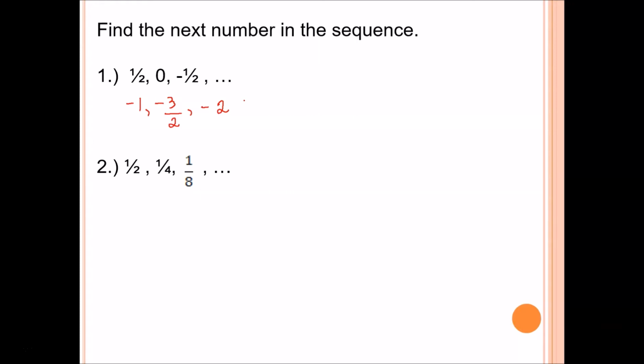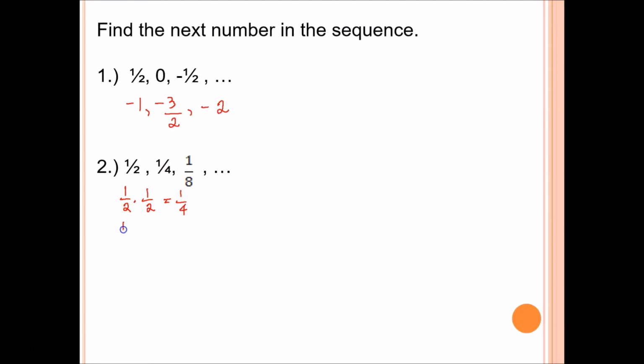Number 2: 1/2, 1/4, 1/8. What have you noticed? We simply get 1/2 of the previous number. So 1/2 is the first number. What is 1/2 of 1/2? 1/4. It's like 1/2 times 1/2 is 1/4.